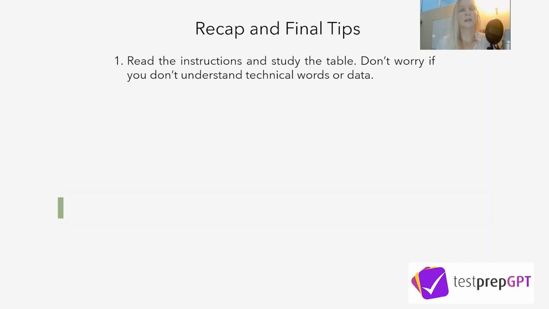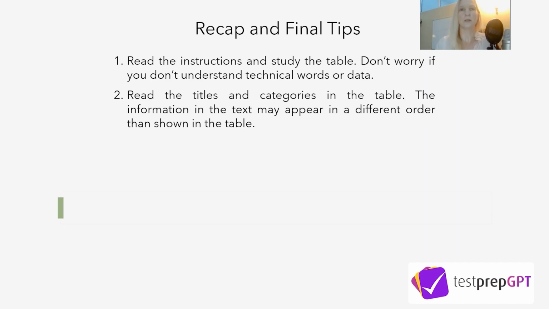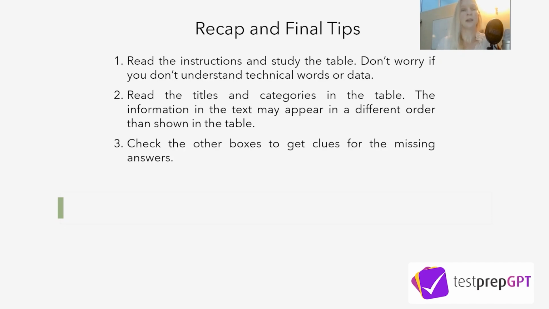What you just need to understand are the keywords and to find the correct answer. So don't be thrown off by really technical stuff or a lot of jargon. Read the titles, read the categories. The information in the text may appear in a different order, right? So just be careful about that. The order may be different in the text.